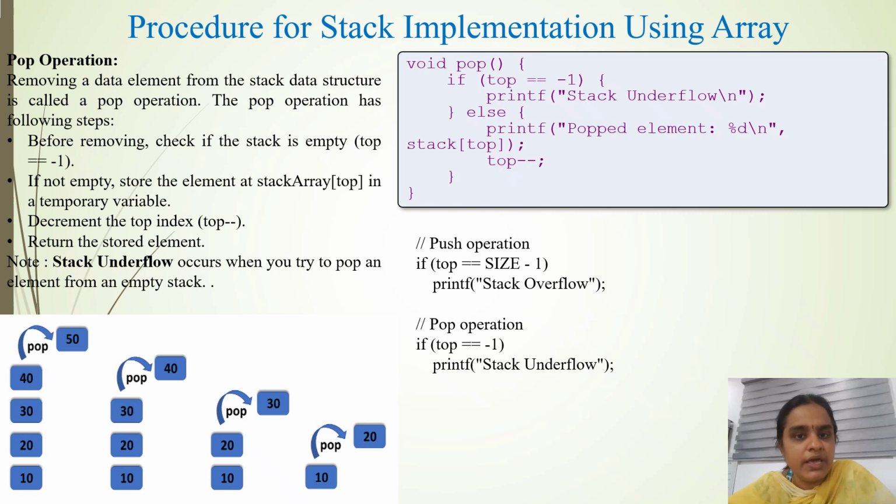Finally, we can display or return the popped element. So if the stack is empty, it prints stack underflow. Otherwise, it prints the top element and decreases the top pointer. So this is the pop.